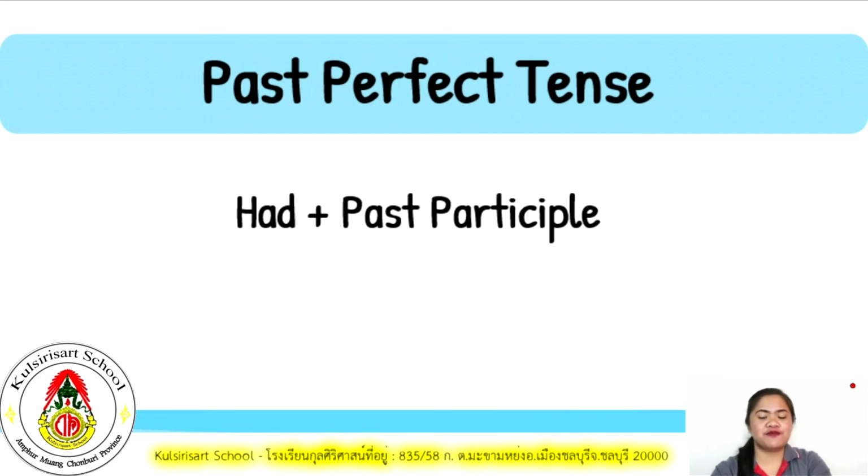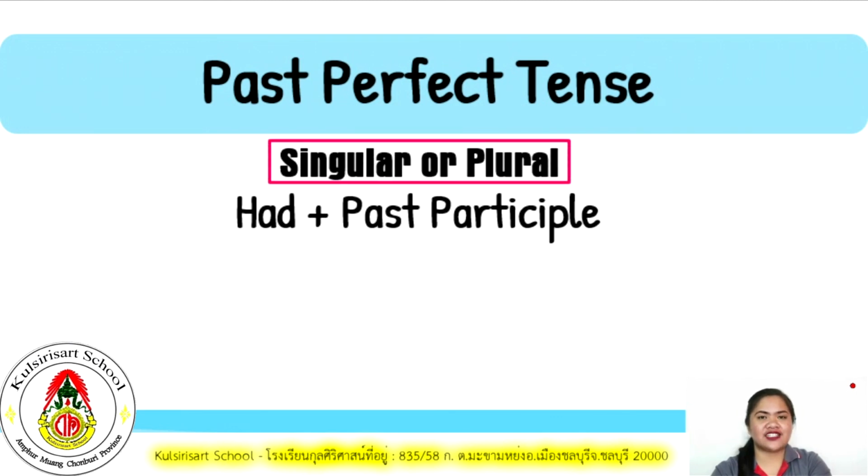Unlike the present perfect tense, where we have has plus past participle and have plus past participle, in past perfect tense we only use had plus past participle of the verb, which means that whether your subject is singular or plural, as long as it's in the past, we are going to use this pattern.